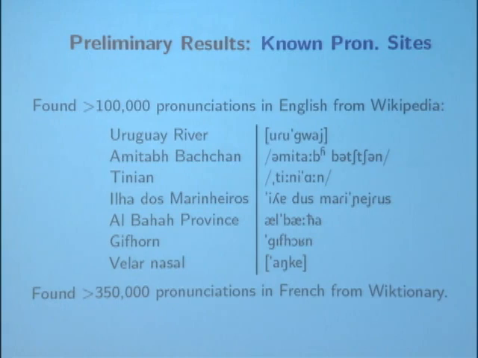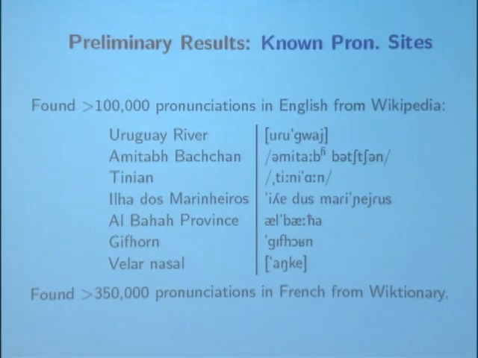A good example is the second one here, which is a fairly good rendition of the pronunciation in, say, Hindi of that name, but it's unlikely that most English speakers would produce the aspirated B there. So this could be taken as a starting point for extracting a pronunciation for English.